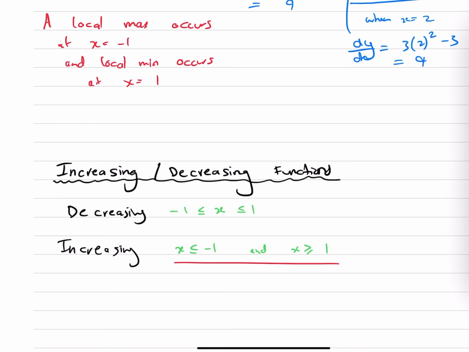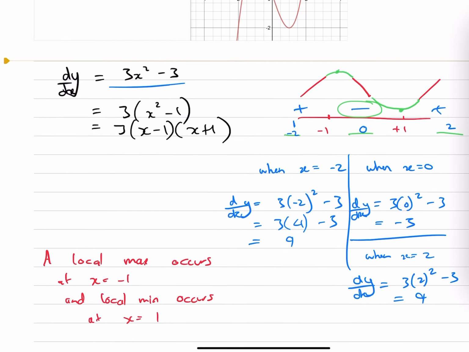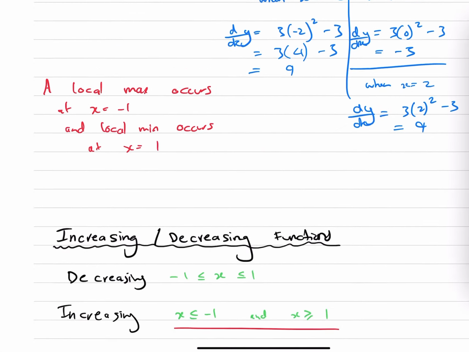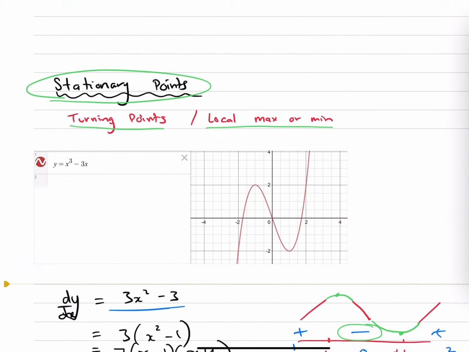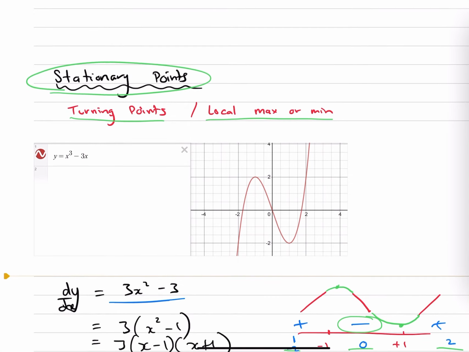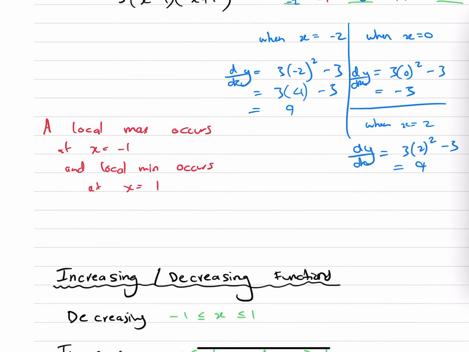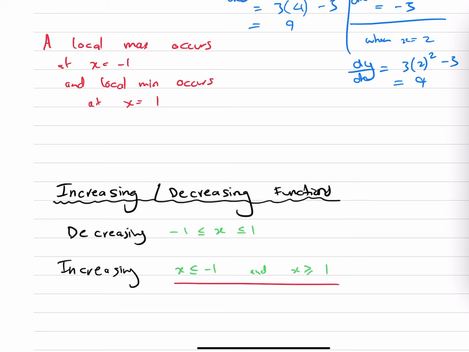You can try and get fancy with using not symbols, or you can just write them separately if they're left and right of another interval. Write two separate inequalities. Okay, so that's stationary points, turning points, local minimum, maximum, and increasing, decreasing functions. And really, this is just about determining what is going on with the function and being able to describe it accurately.